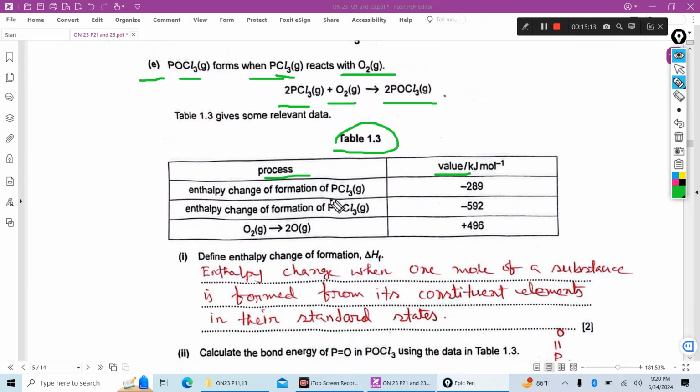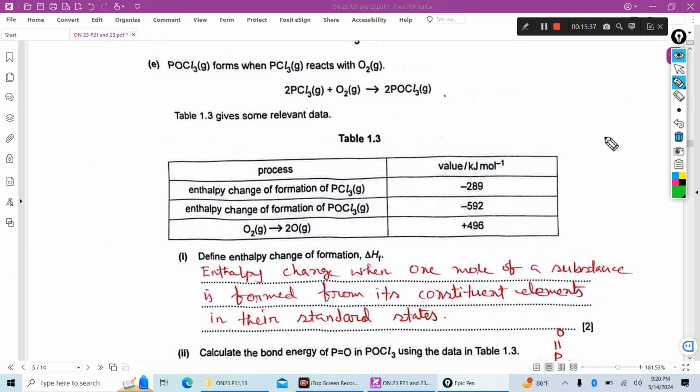The enthalpy change of formation of PCl3 is given as negative. The enthalpy change of formation of phosphorus trichloride oxide is given. The oxygen molecule converts to gaseous oxygen atoms, meaning the oxygen double bond breaks. The bond enthalpy is given as plus 496 kilojoules per mole.